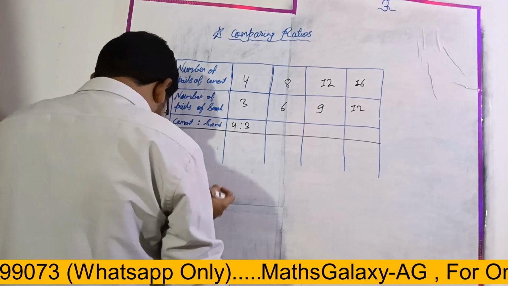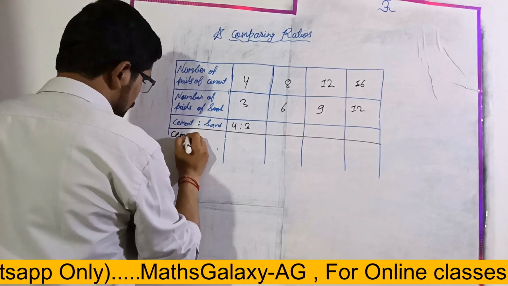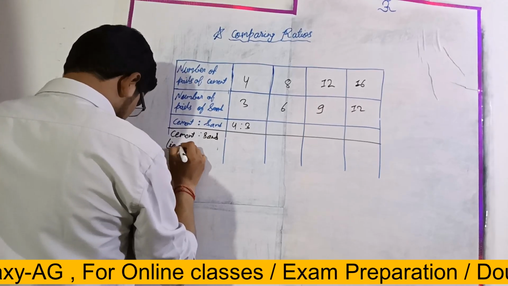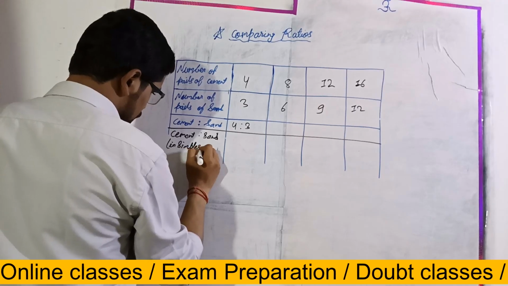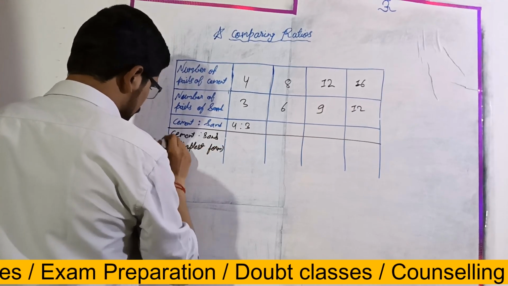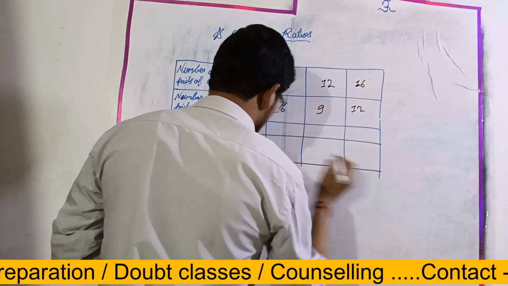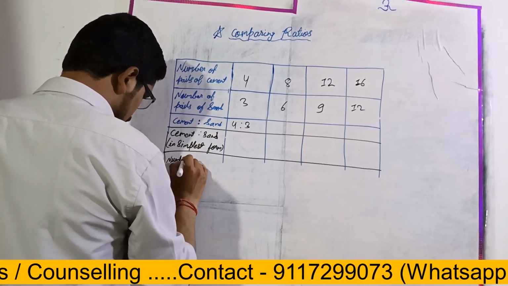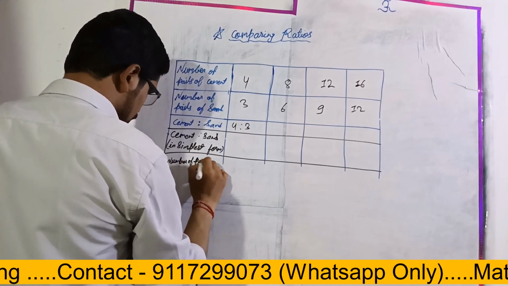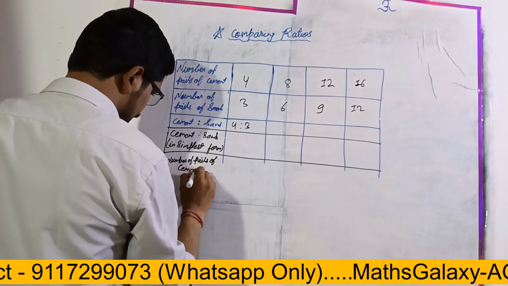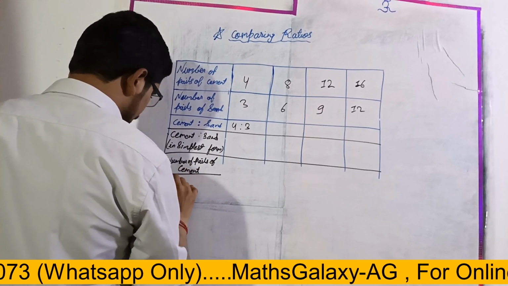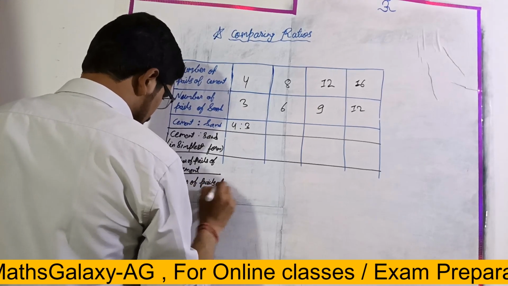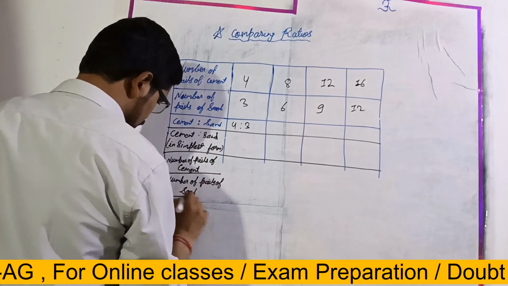Now cement is to sand in simplest form. The number of pails of cement divided by the number of pails of sand.